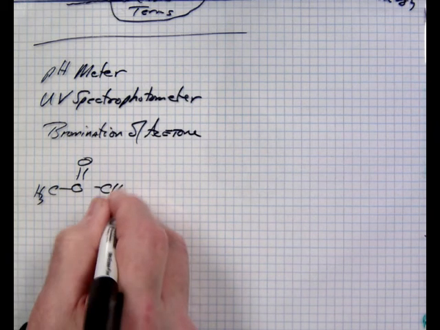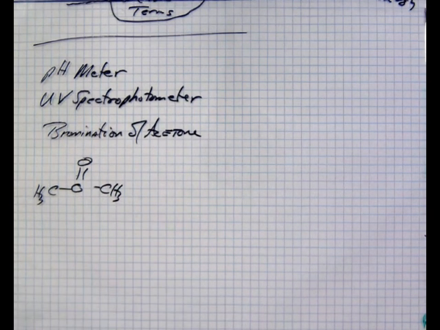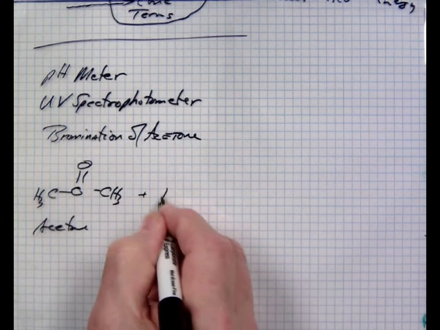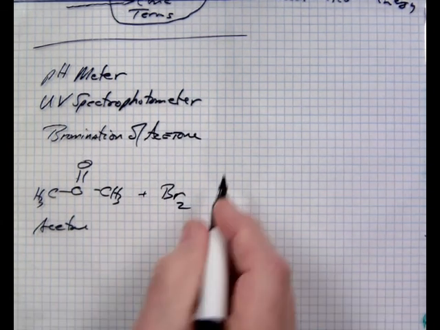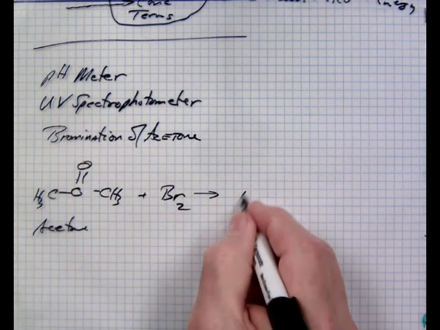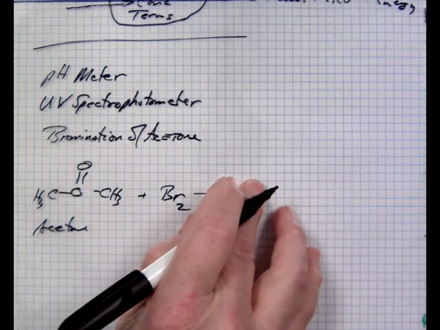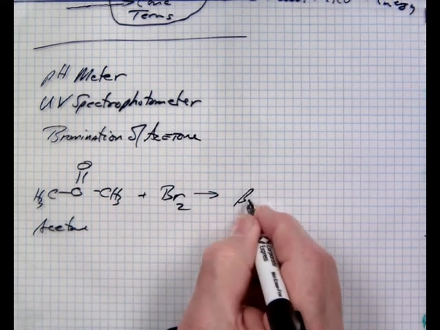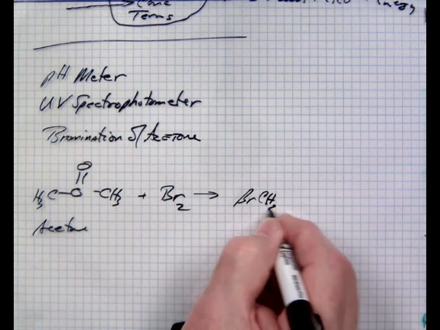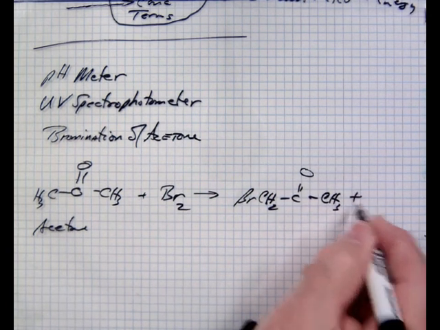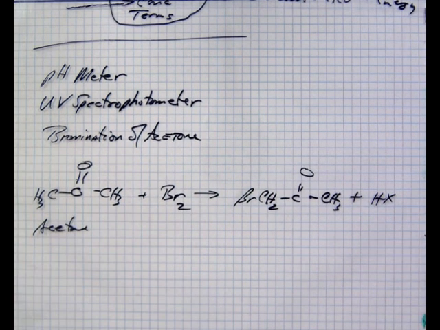This is acetone in its basic form. Okay. And if you put bromine in, what will happen is this bromine will go through a mechanistic change and produce brominated, alpha brominated acetone. And it'll give off a little acid. The other half of it will be acetic.